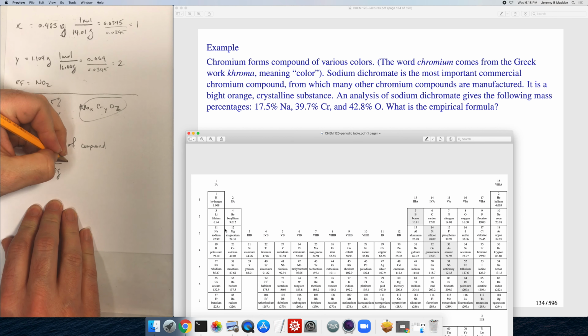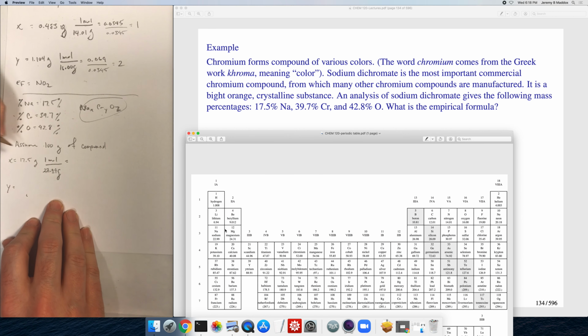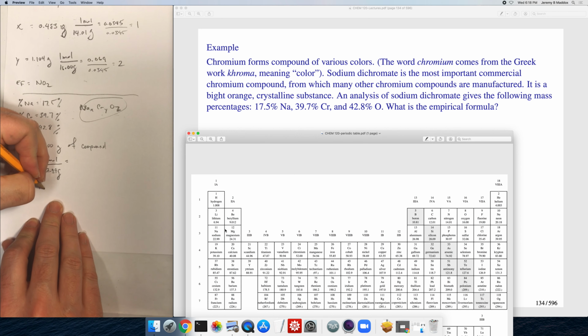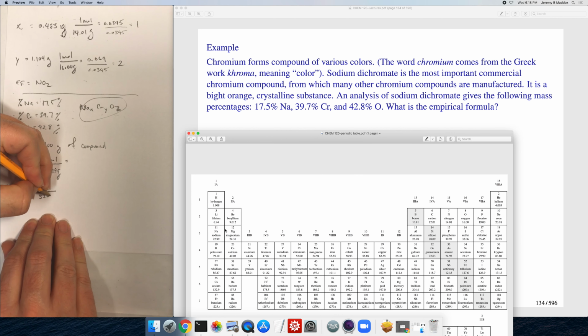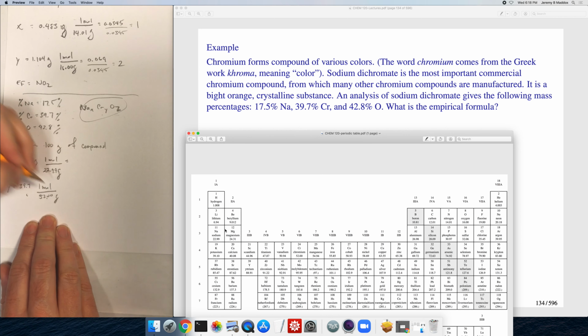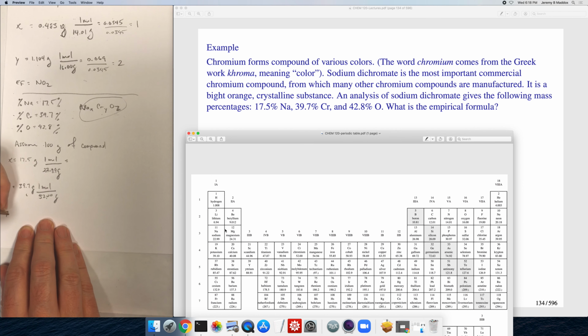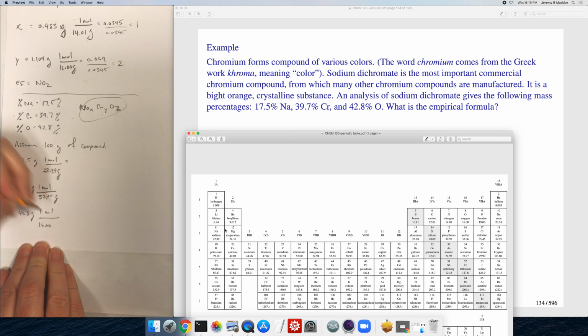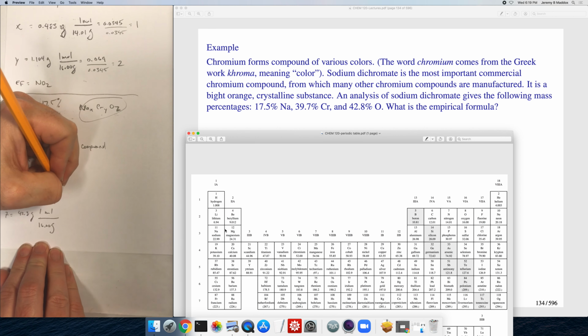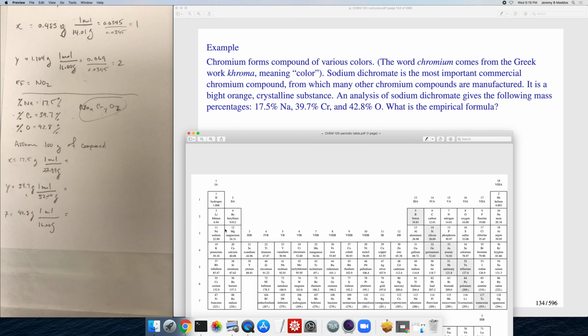For the chromium, we'll take that 39.7 and divide it by the molar mass of chromium, which is 52. And then for oxygen, we'll take the 42.8 grams, and we will divide it by its molar mass. Like that. Okay, so I'm going to calculate these numbers real quick.